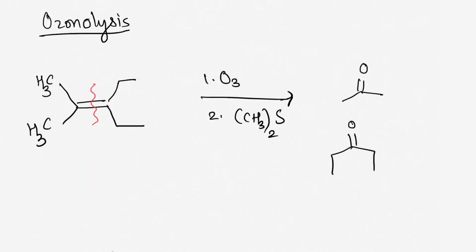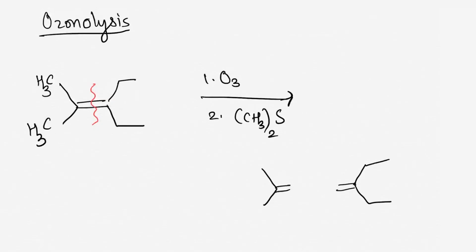So, to clearly show how this can be done, I will break the bond and I will rewrite the molecule as if the bond is broken. Okay. So, you can imagine that now we have shown that the bond is broken. Now, just add the two oxygens, and this will give you two ketones in this case. That will be the product of the reaction.